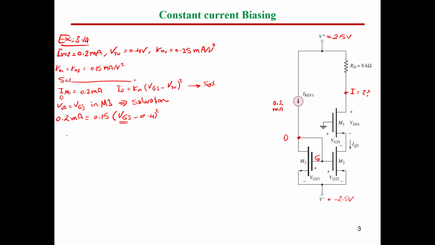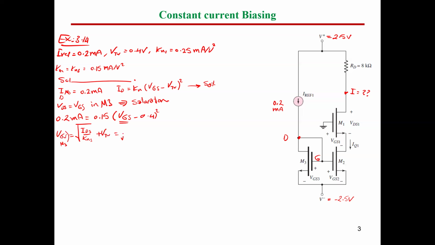So we can reformulate the relation from here. We can say VGS equals the square root of I drain divided by Kn, and we are discussing MOSFET number 3 for sure, so ID3 over Kn3, plus V threshold.